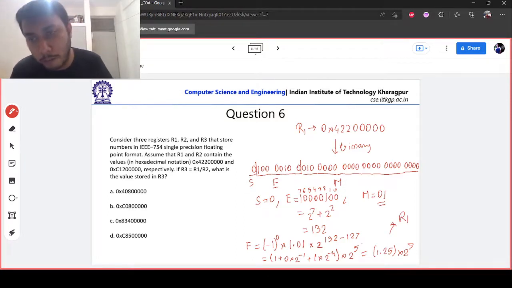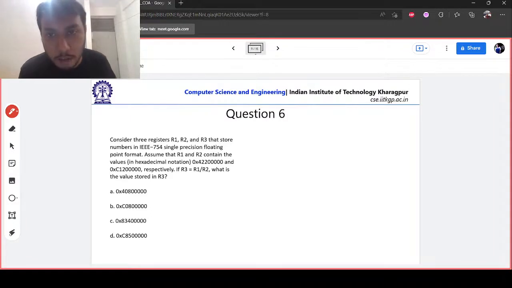Our final target is the value of R3. Now we need to calculate the value of R2. So let's calculate the value of R2. R2 is given as 0xC1200000.